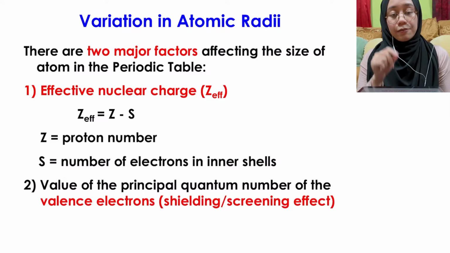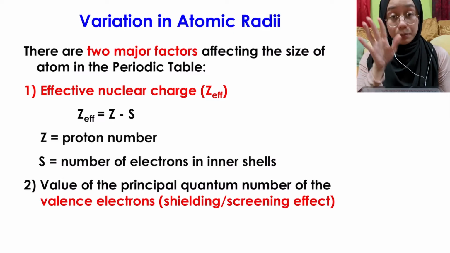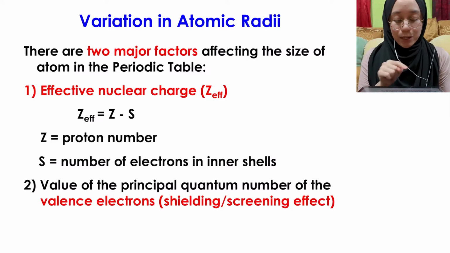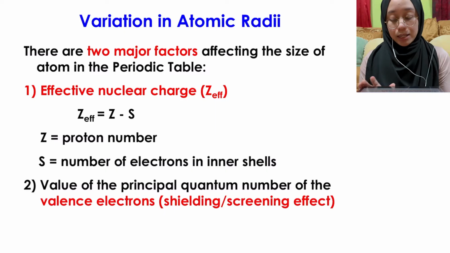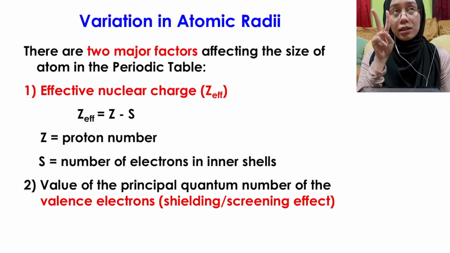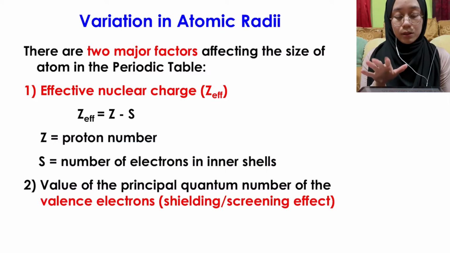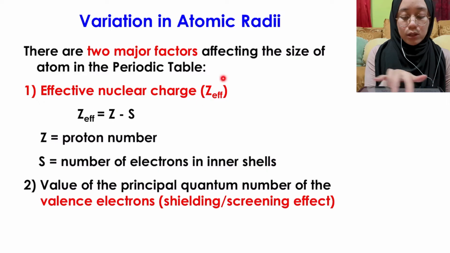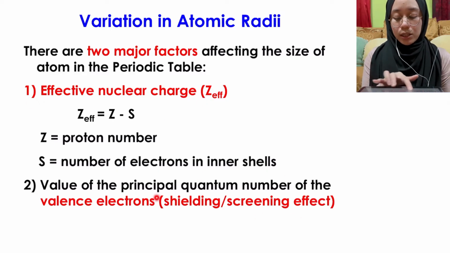The second one is the value of the principal quantum number, n. That is what is called the shielding effect or screening effect. So the two main factors that affect the size of an atom in the periodic table are effective nuclear charge and also the shielding effect or screening effect.